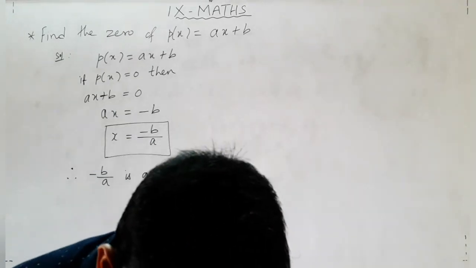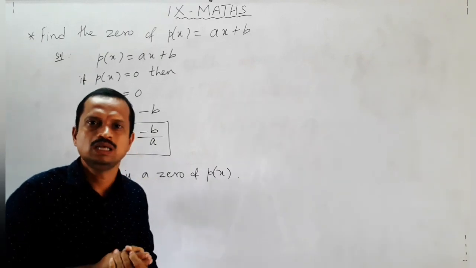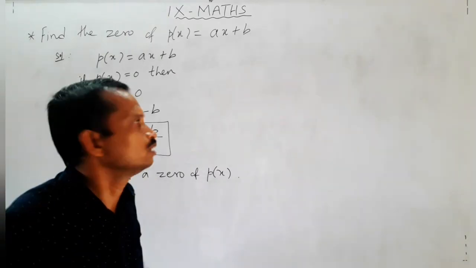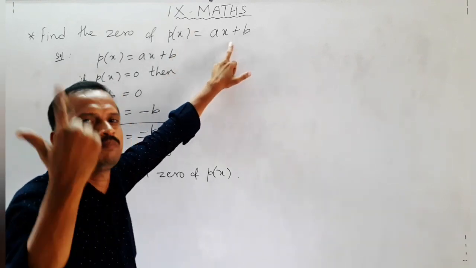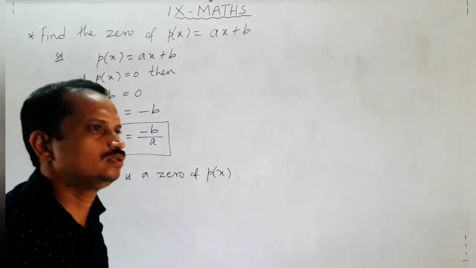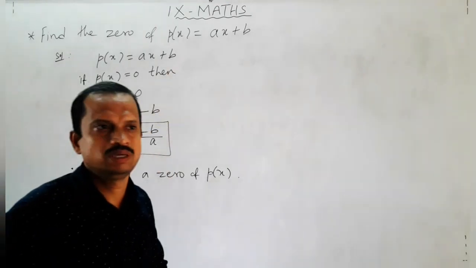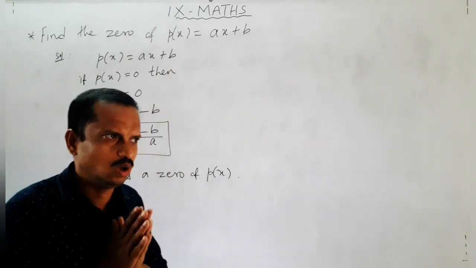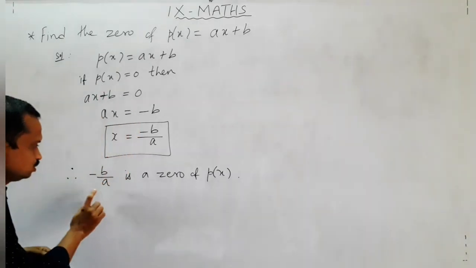Already I gave you an example. So this is the linear polynomial. You see, ax plus b is what? Linear polynomial, because the degree is 1. The variable is x. You see, p of x. So x is the variable whose highest power is 1. So the degree is 1. You know, highest power means degree. So therefore it is a linear polynomial. So a linear polynomial has only 1 zero, one and only one zero.